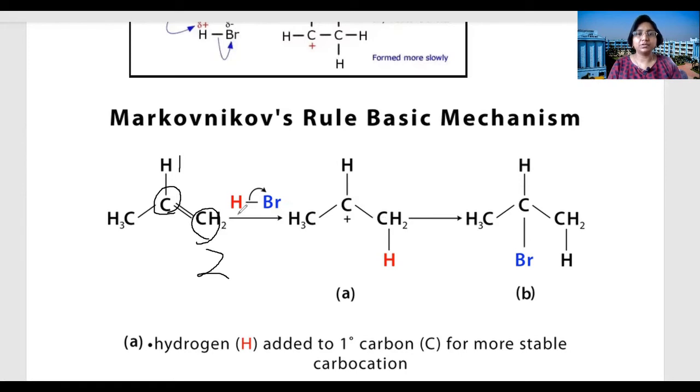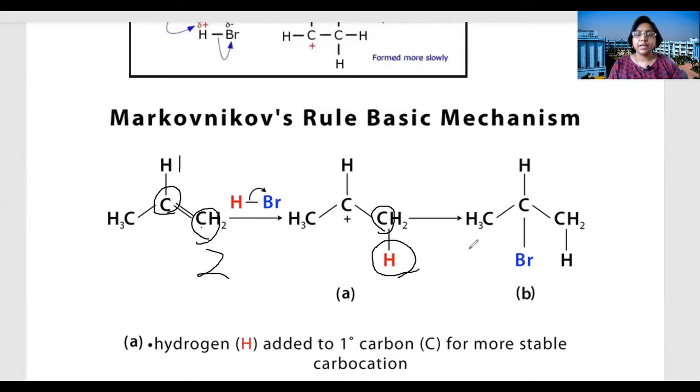So this hydrogen can be attached with the first carbon or the second carbon, but it will be attached with the carbon having the maximum number of hydrogen. As this carbon has two hydrogen, the hydrogen will be attached here.